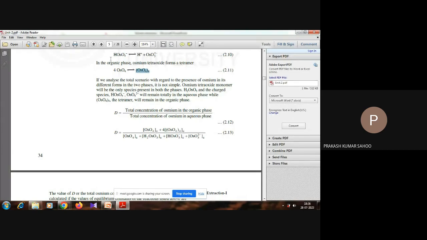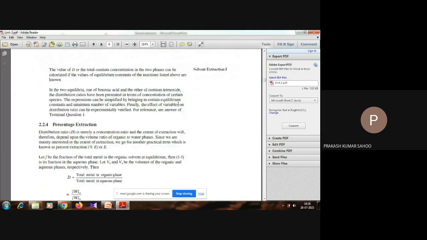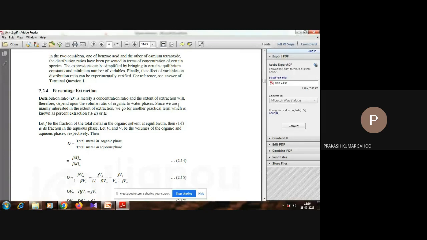It is divided by your aqueous components, that is OsO4, then H2OsO5, HOsO5 minus, then OsO5 2 minus concentration. Okay, just go through these things, and the next one will be the percentage of extraction.